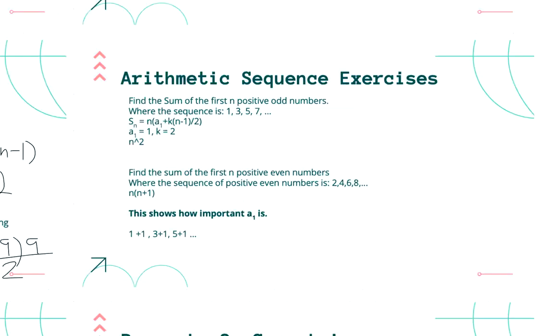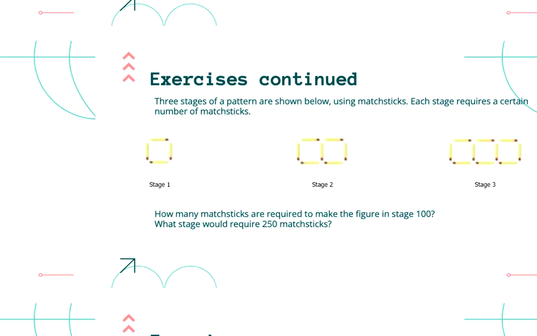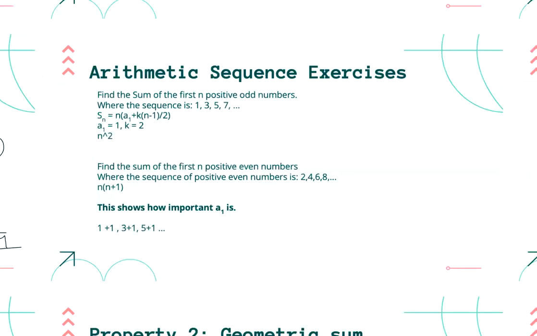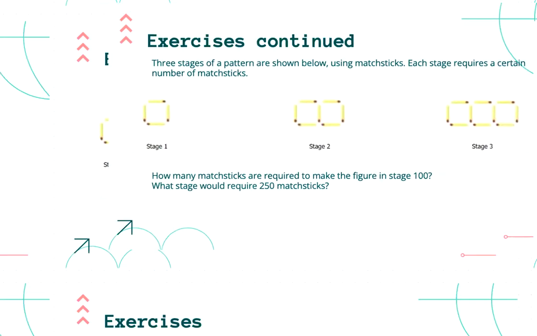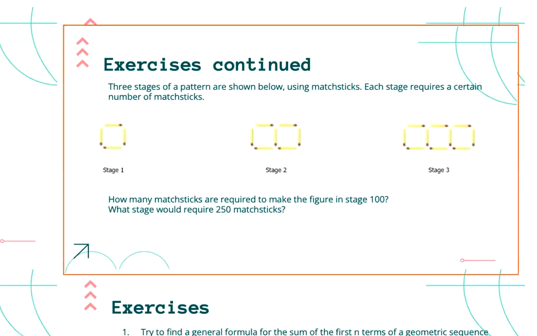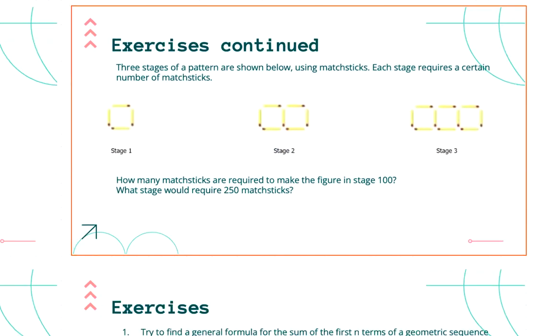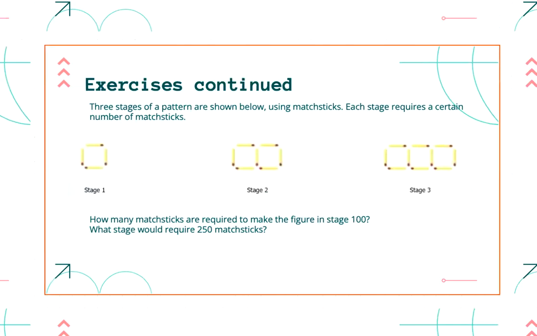Yeah, let's do this exercise. So 3 stages of a pattern are shown above and below using matchsticks. How many matchsticks are required to make the figure in stage 100, and which stage would require 250 matchsticks?